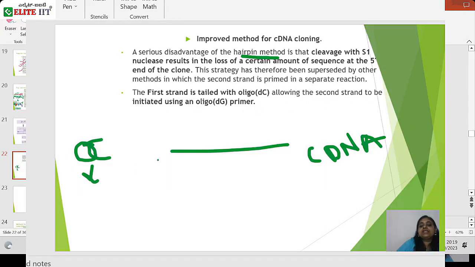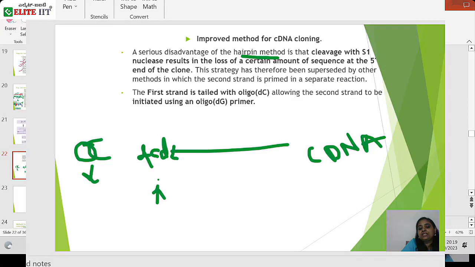So in this case, you have to add some oligo dC. Opposite to dC, the complementary structure is dG, so you have to add oligo dG.